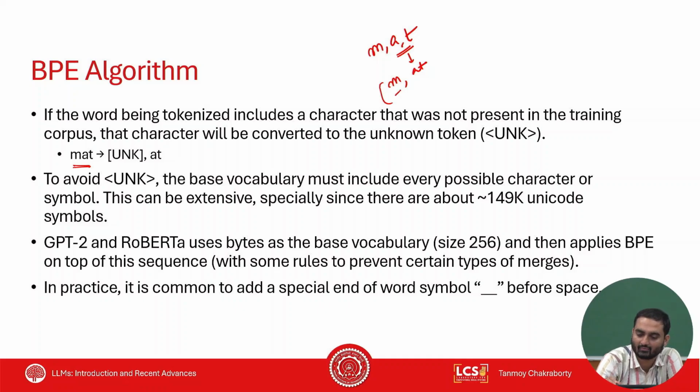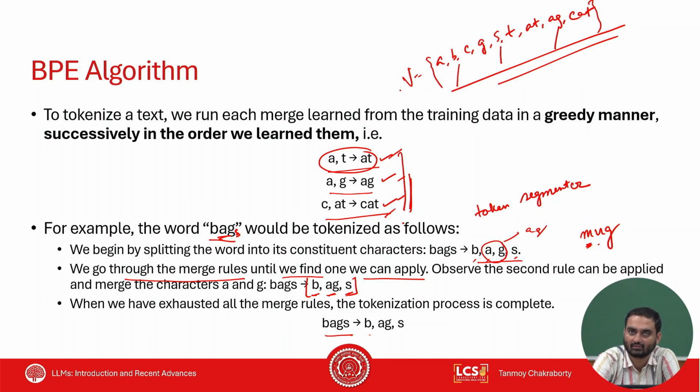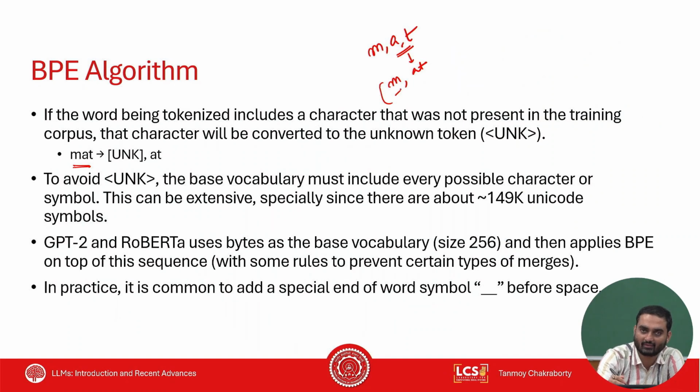But the token M is not present in the vocabulary, right? So if it is not present, we also don't know its corresponding embedding. Think about a transformer. In a transformer, when we feed all the tokens, we feed their corresponding embeddings, right? M is not present in the training set and not in the vocabulary, therefore M doesn't have any embedding.